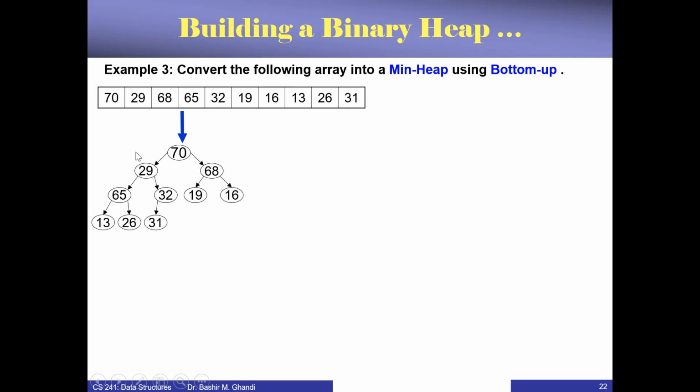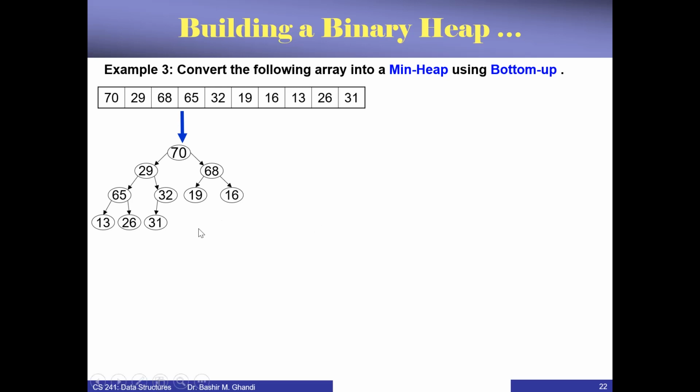So 70, 29, 68, exactly as they are here, 65, 32, 19, 16. Of course, you must be constructing a complete tree, otherwise it's not going to be a heap. So top to bottom, left to right. This is step number 1: put all the elements in a binary heap or complete tree.